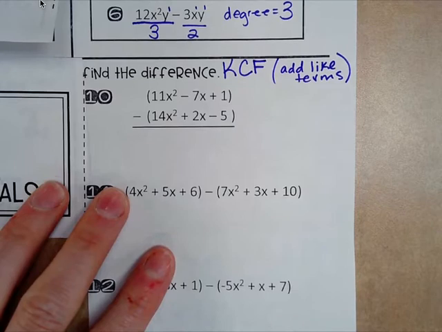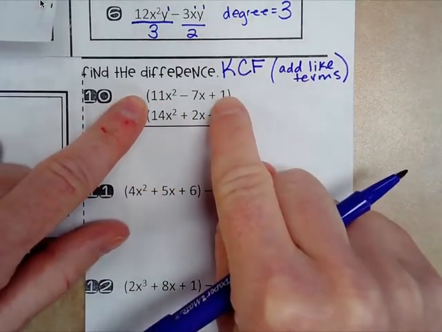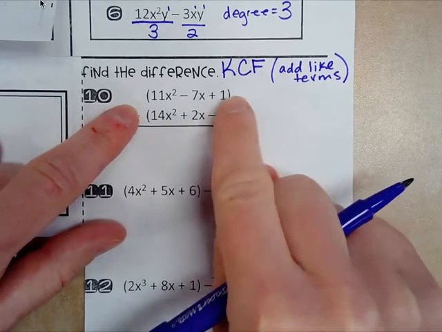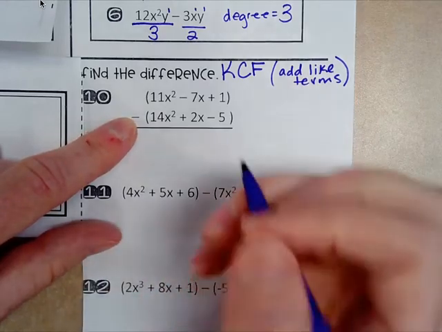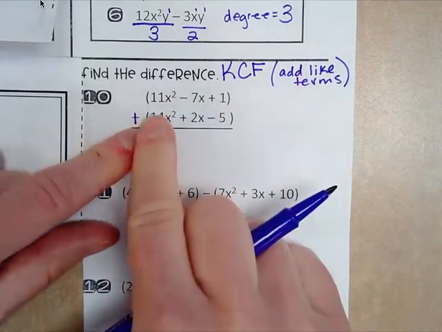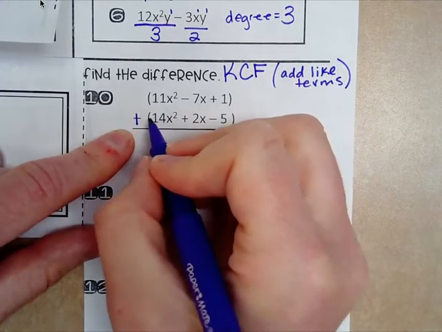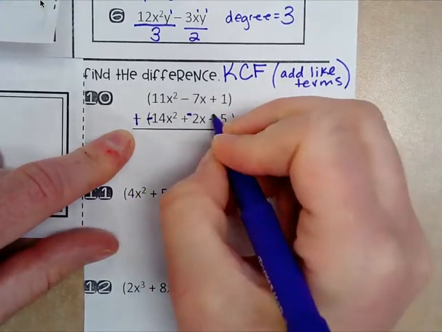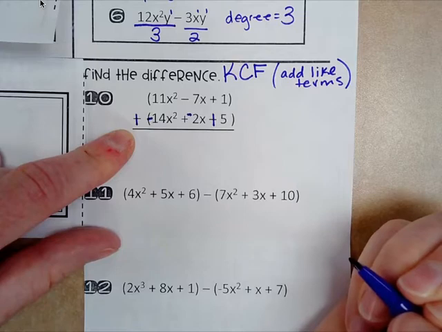Keep, change, flip. So keep our first term, the whole thing. The whole expression, I guess I should say. And then change this minus, watch it, to plus. Then you got to change all of the signs inside the parentheses. So this becomes a negative 14x, a negative 2x, and a positive 5. Keep, change, flip.